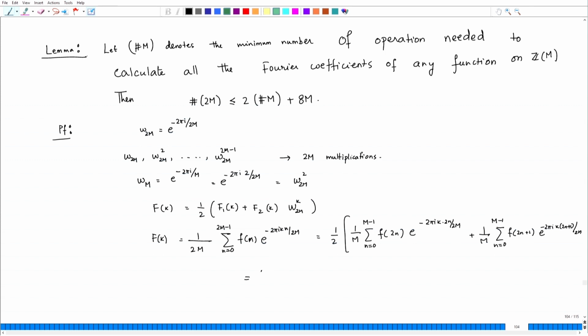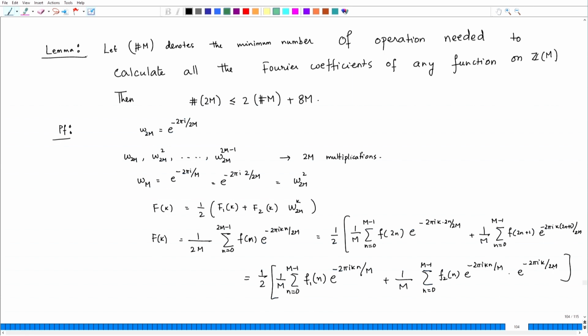So, if you write this down, then this is going to be 1 over m summation n equal to 0 to m minus 1, this is our f 1 at n, and then e to the power minus 2 pi i k n divided by m, the factor of 2 gets cancelled, plus 1 by m summation over n equal to 0 to m minus 1 of f 2 of n, and then e to the power minus 2 pi i k n by m into e to the power minus 2 pi i k by 2 m.